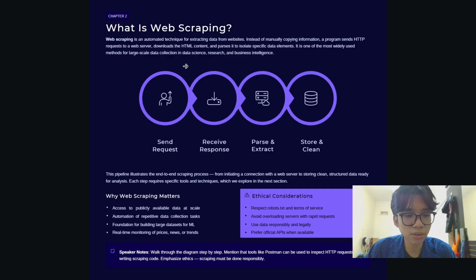The collected data can then be stored in formats such as CSV, JSON, or databases for further analysis. In my opinion, web scraping acts as a bridge between publicly available internet data and analytical system that require structured datasets.